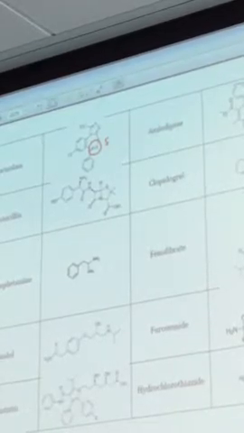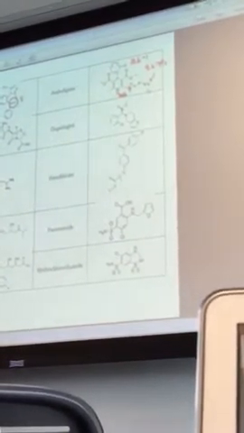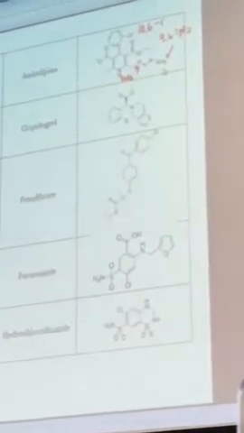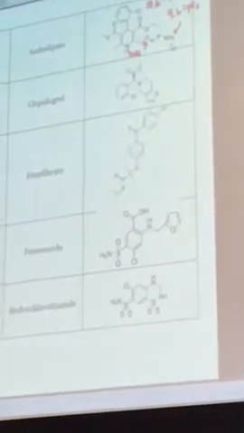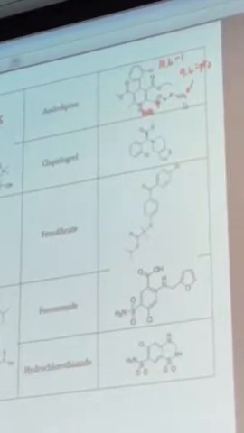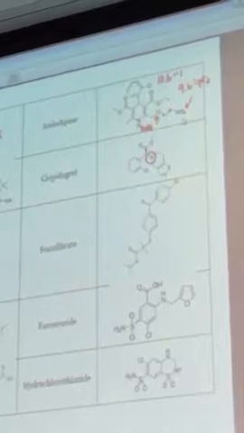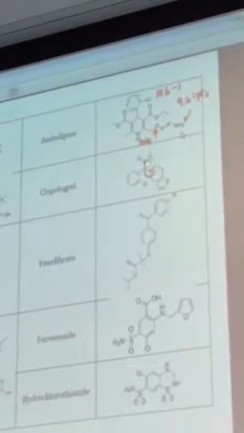So how about over here, the clopidogrel? What's our ionizable group? So the esters do not ionize. You have another amine, right? So we have an amine right here. So tertiary amine. So we're calculating the pKa of that amine group.